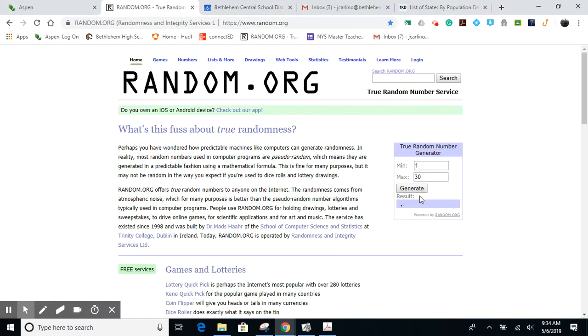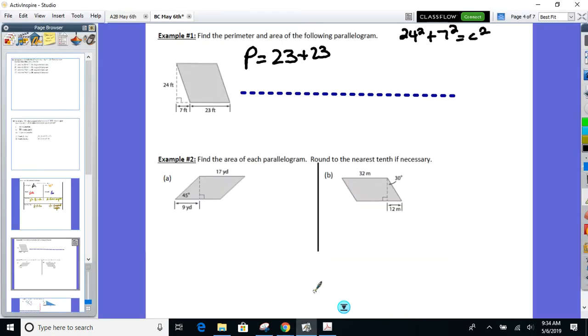When you're ready with that other side, let me know. 27. Yes. 25, which means the 4th side is also 25. You guys are good. My perimeter here.